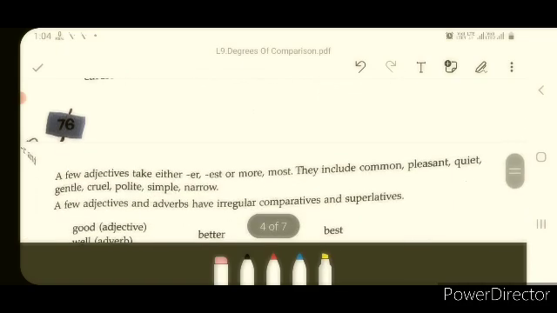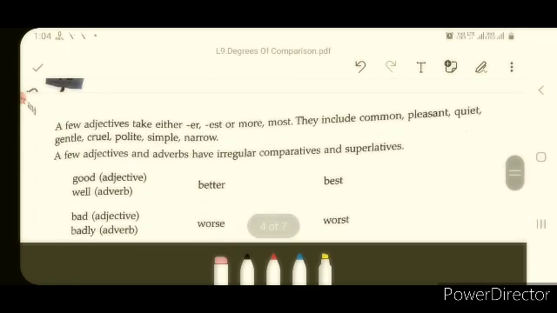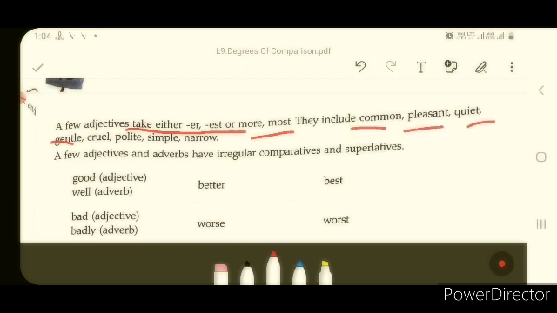Okay, and so on. A few adjectives take either er, est, or more, most. Some adjectives will take er, est, more, or most. They include common, pleasant, quiet, gentle, cruel, polite, simple, narrow.